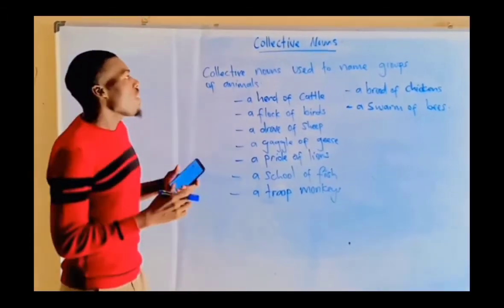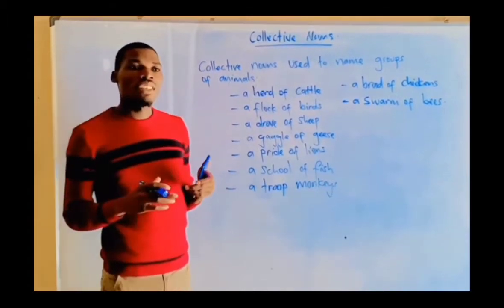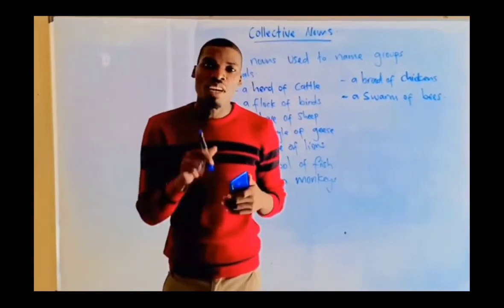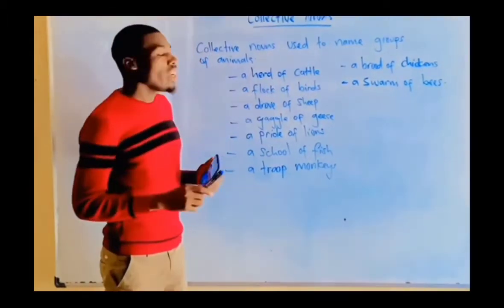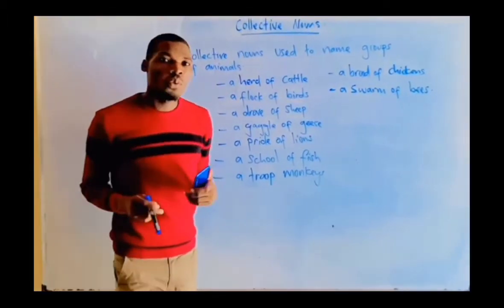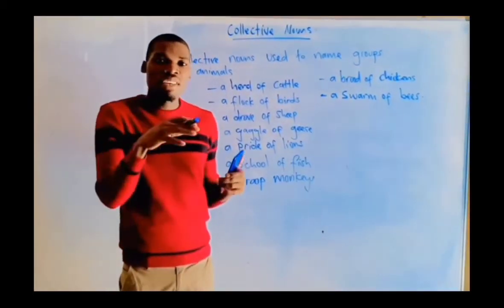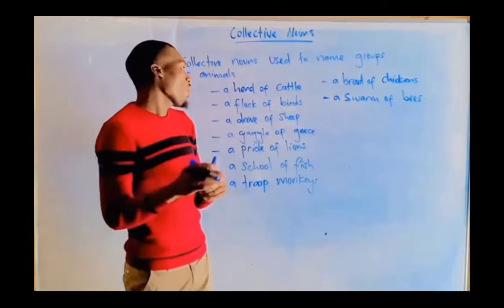Collective nouns used to name groups of animals. Number one, a herd of cattle. So when the cows are many, that group, we call it a herd of cattle.